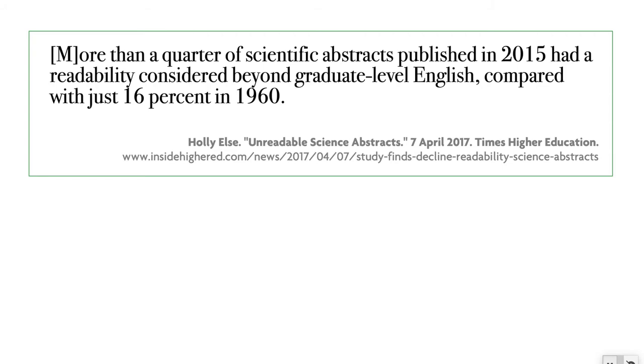And what purpose does that serve in terms of getting the real message of what your research is about and why it matters across to your audience? Well, often it doesn't. And so, compared to 1960, exactly 60 years ago, only 16% of the abstracts sampled from that period had that same sort of dense, complex readability to them.